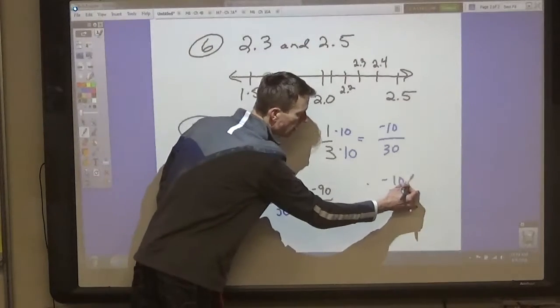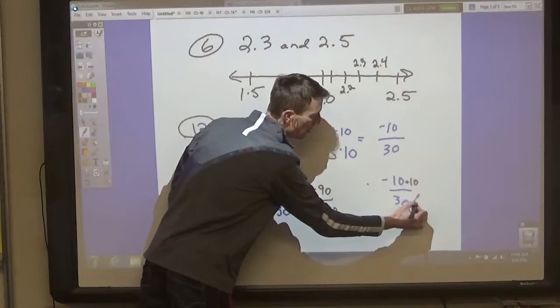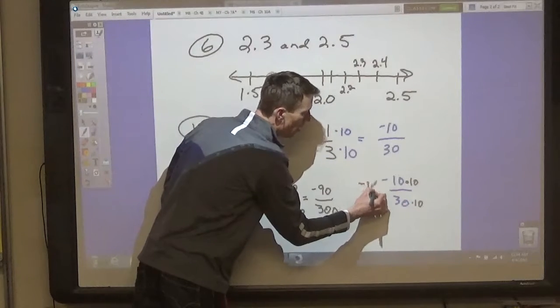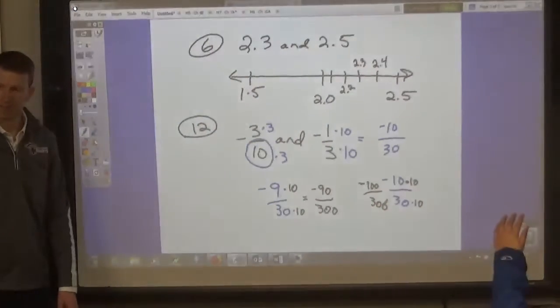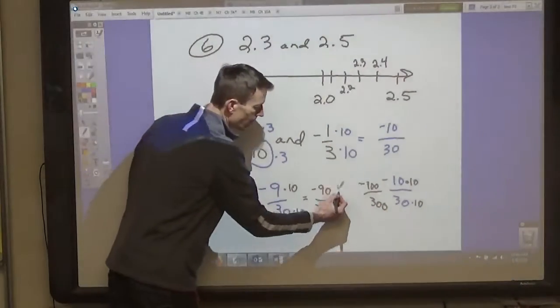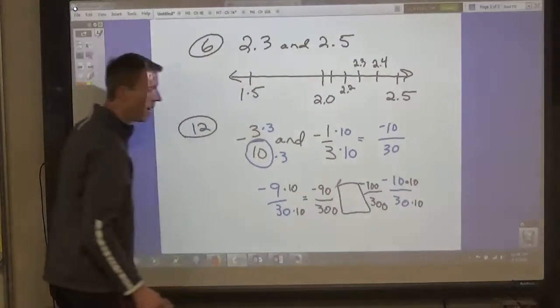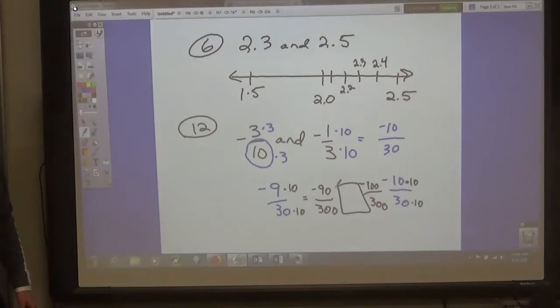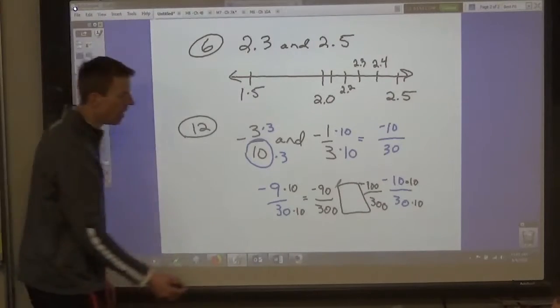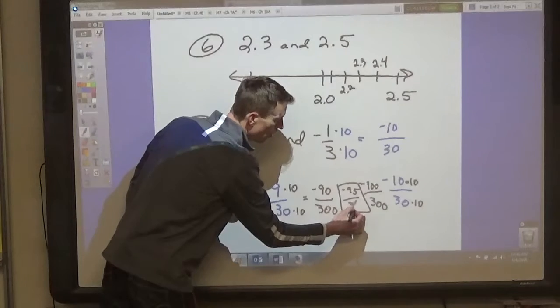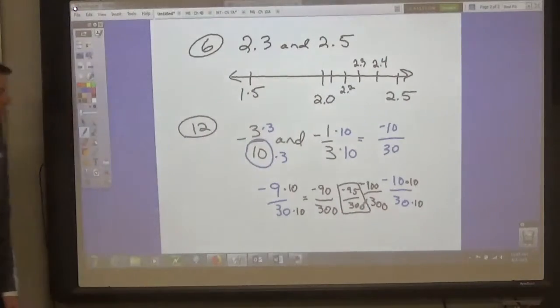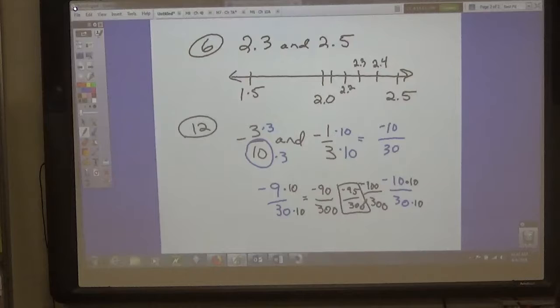And we'd have this one as negative 100/300. Okay? And now we can find one in between. Are you timesing them or multiplying? Timesing them. Yeah. So negative 95/300. Put in between them. Okay?